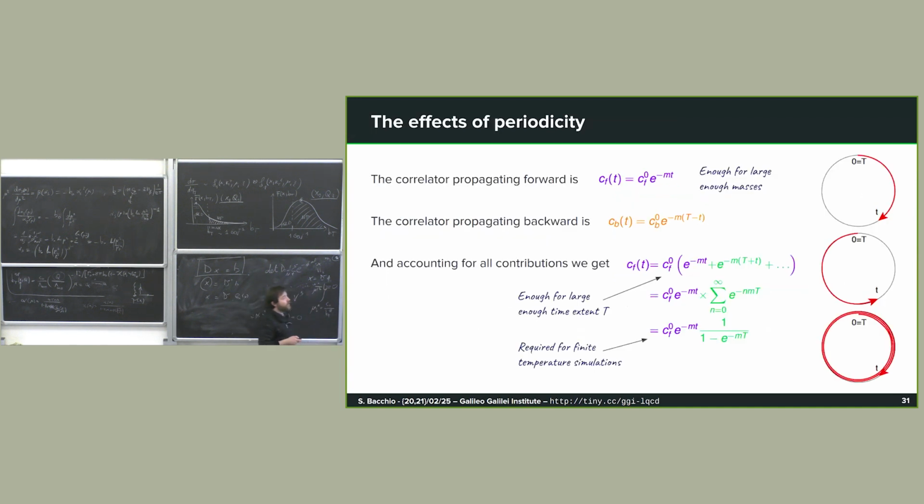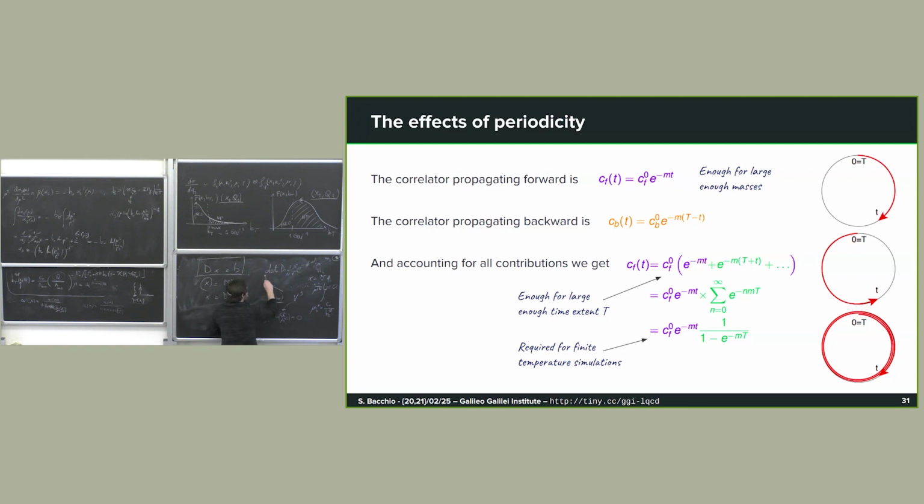So first of all, the pion. The pion, of course, loops over and over. On one side, the correlator that propagates forward decays exponentially like this, like we said. A propagator that propagates backwards decays exponentially like this, okay? So the propagator forward decays.